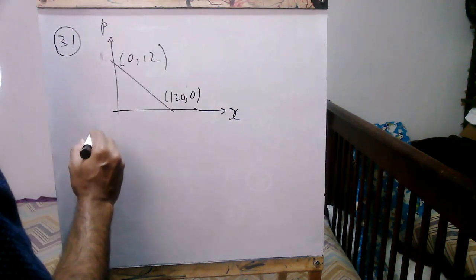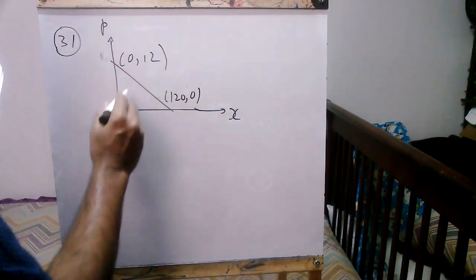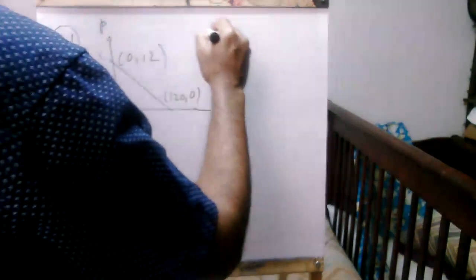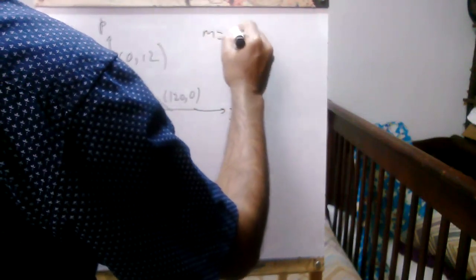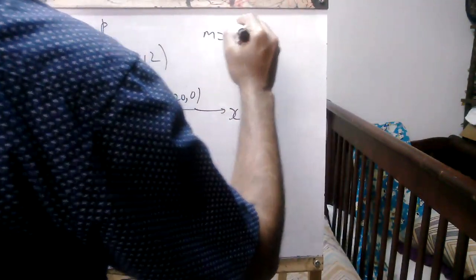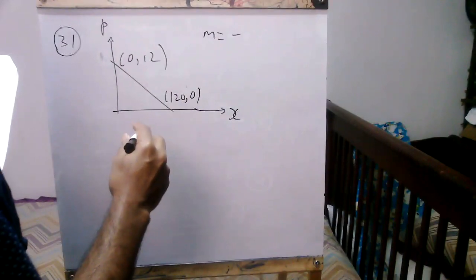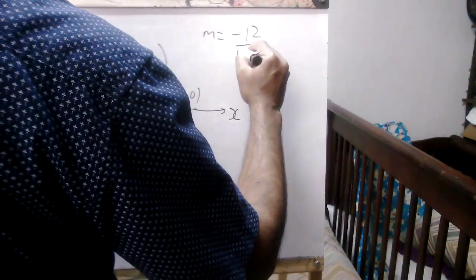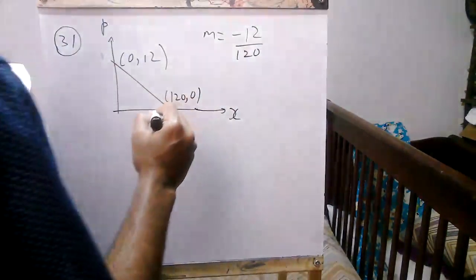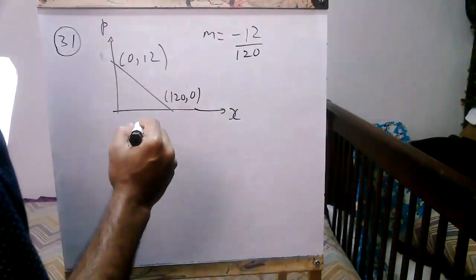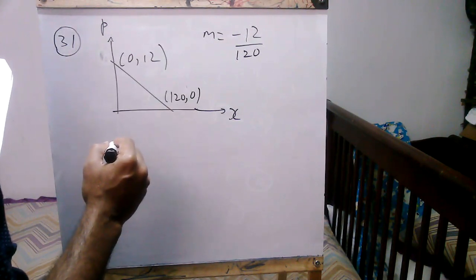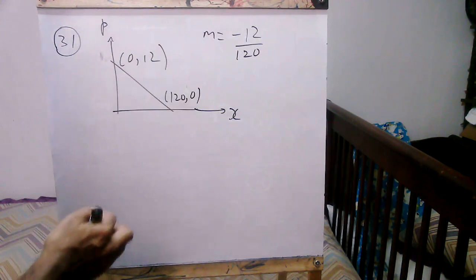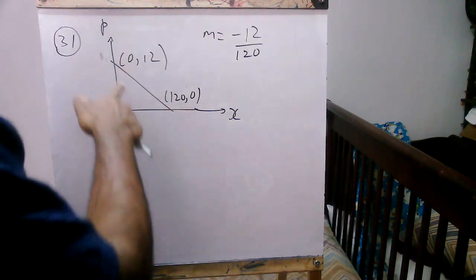Now, for that, first we have to find the slope. m equals negative 12 over 120. Now this is the way I found it easily.